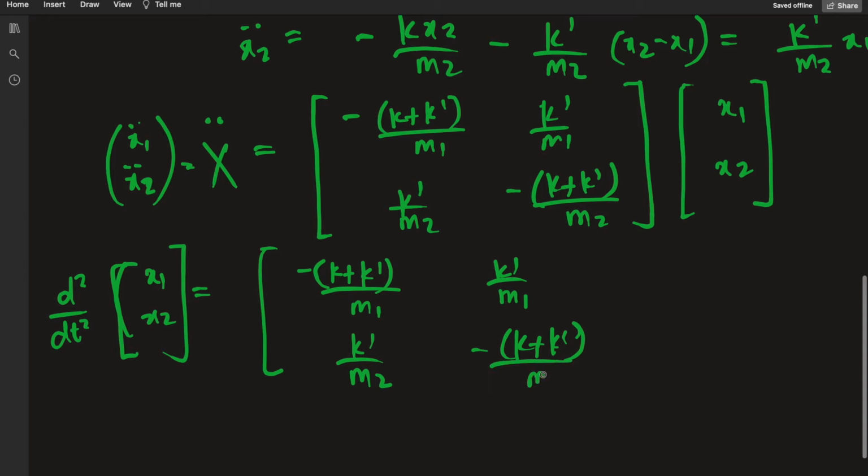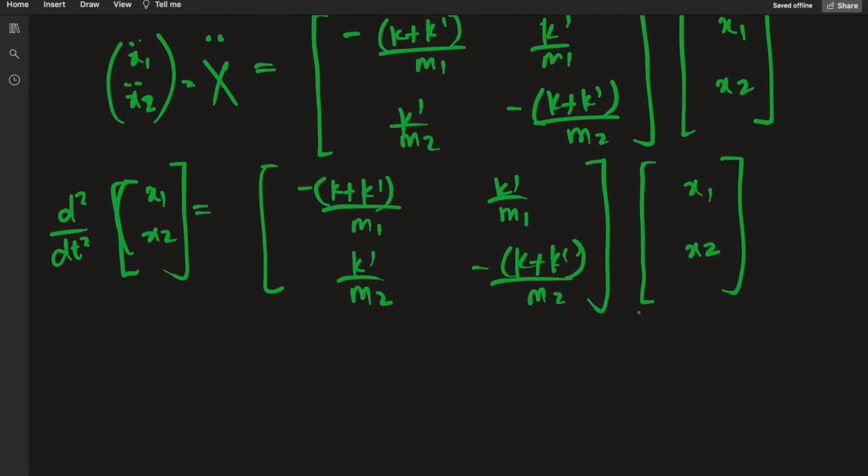So we have this interesting matrix vector system. It's like one of those linear algebra problems, a linear transformation T, which can be represented in terms of a matrix.